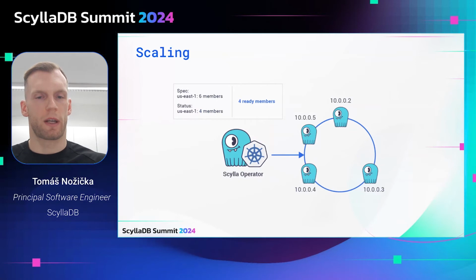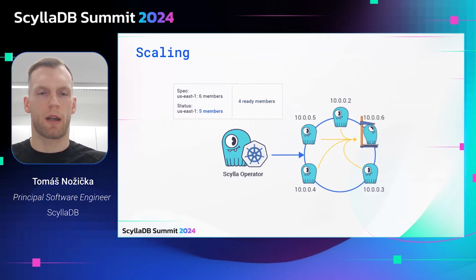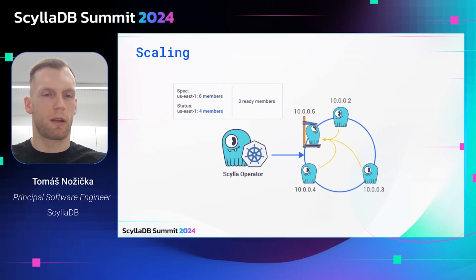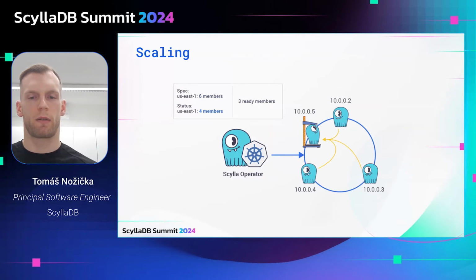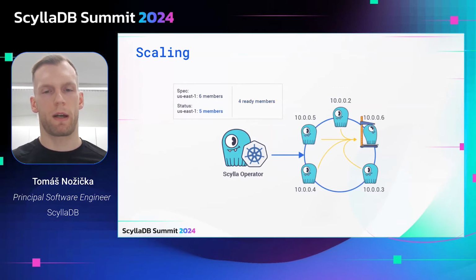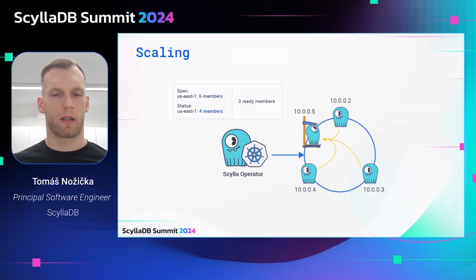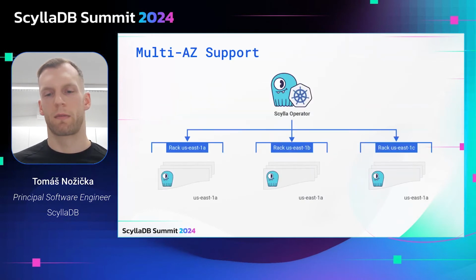It also supports scaling, so if you say start with 3 members and you want to scale your cluster up to say 6, you just edit the field, you say 6 instead of 3, you save the YAML file to the API, and the operator observes it and takes any action necessary to get there. So here it starts creating new nodes, it joins them into the cluster, and it runs cleanup when it needs to.